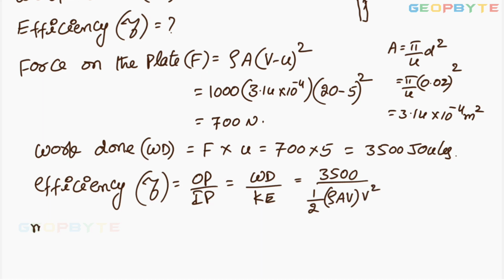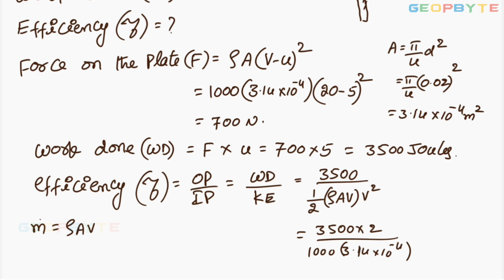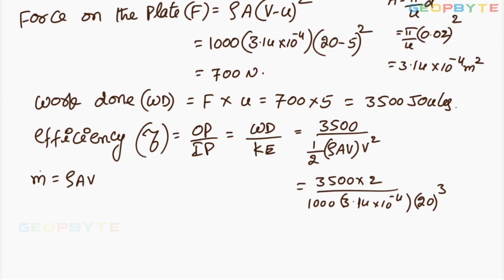Here rho A V equal to mass flow rate, m dot equal to rho A V, half m v square. So it is 3500 into 2 goes up, rho 1000, A 3.14 into 10 power minus 4, into V cube directly I can write, V equal to 20 whole cube. Simplify this value for getting 27.7%.